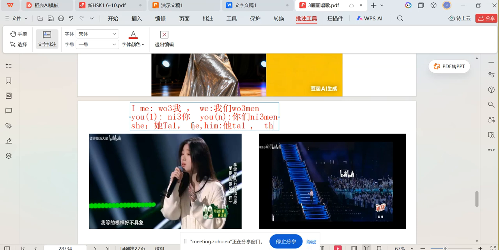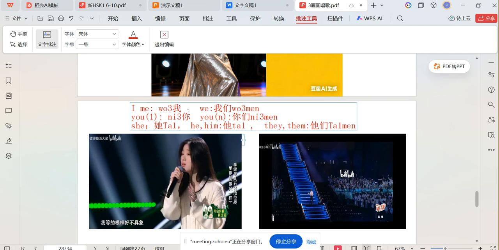So she and he, put them together. How do we say they? We should also add men after it. So it should be 他们。 Very good.